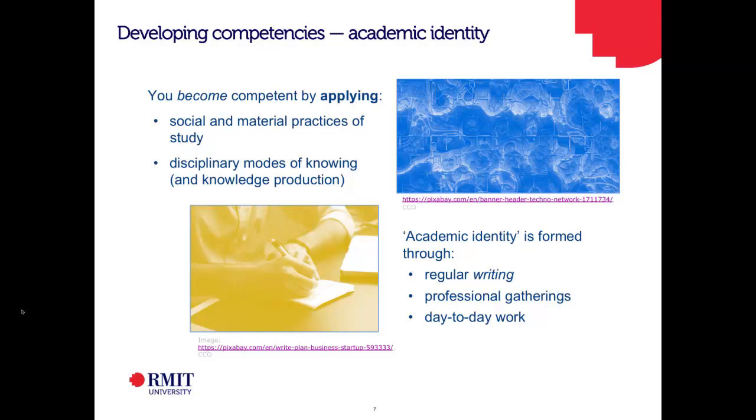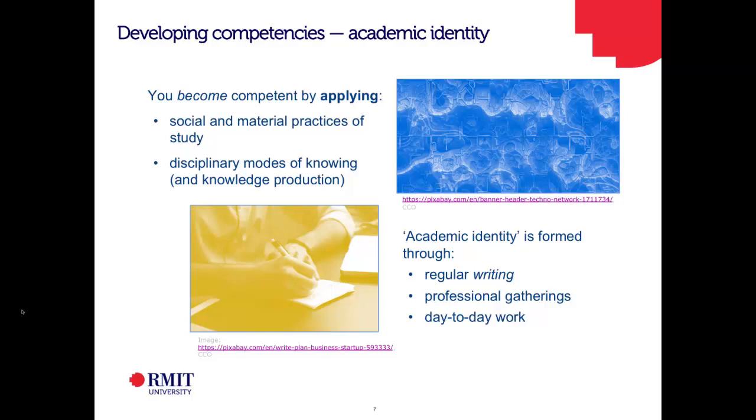Further skill is to be able to apply disciplinary modes of knowing and knowledge production. In your discipline, what does it mean to know something? What are the epistemological frames most often referenced in your discipline? This should relate to the methods of knowledge production that are privileged or favoured over others. What methods are preferred in your discipline and why?